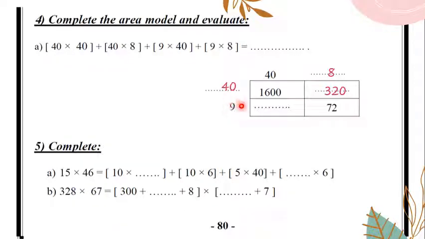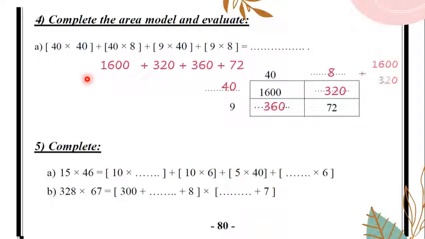Let's multiply 9 times 40 equals 360. 9 times 8, he already solved it for me. Let's add all these numbers in the area model. I'm going to add 1,600 plus 320 plus 360 plus 72.